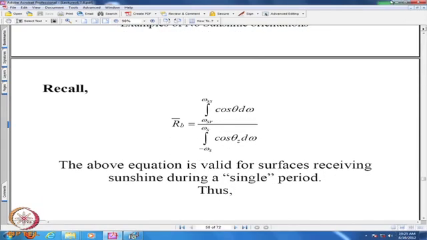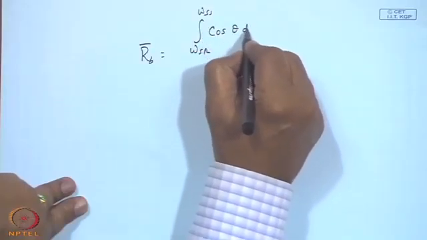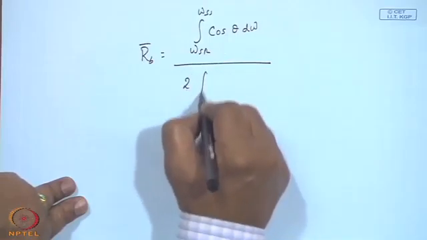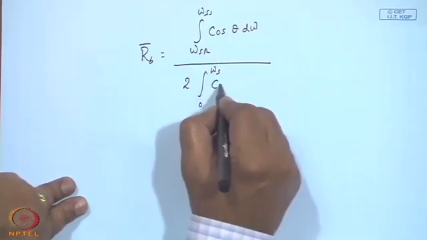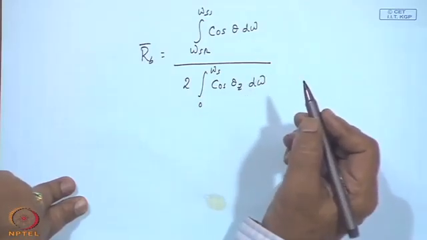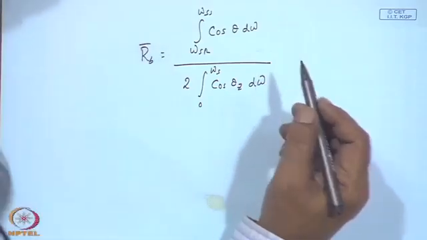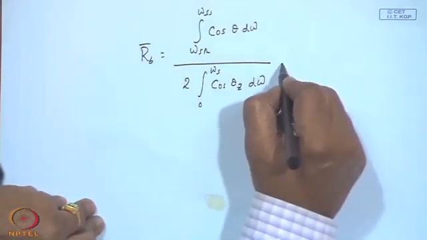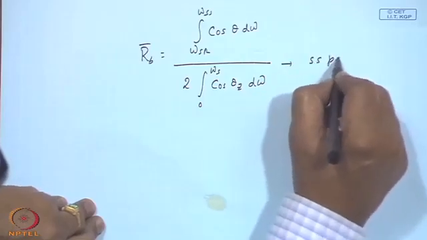So, once again I will recall your equation for the R b bar as integral omega s r to omega s s of cos theta d omega, over the integral from minus omega s to plus omega s, which is twice that from 0 to omega s, because it is a symmetric function. This is true when we said that single sunshine period.